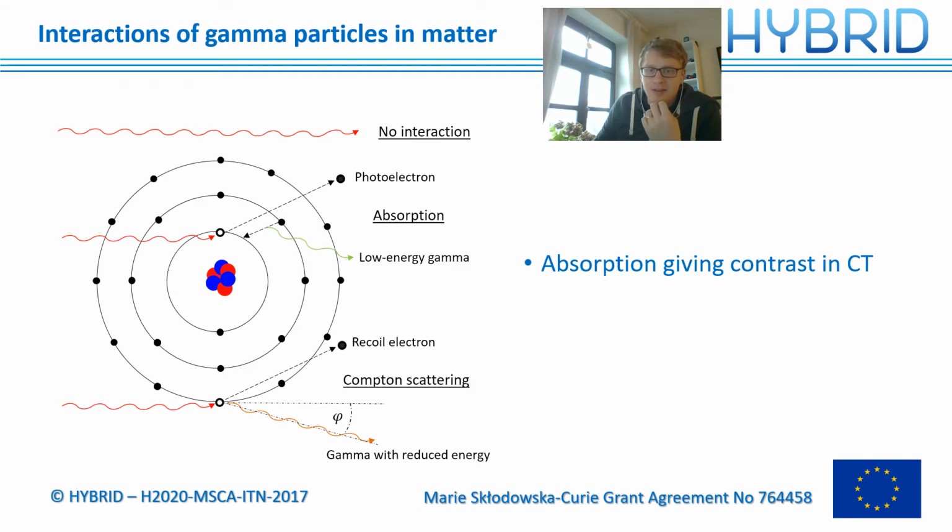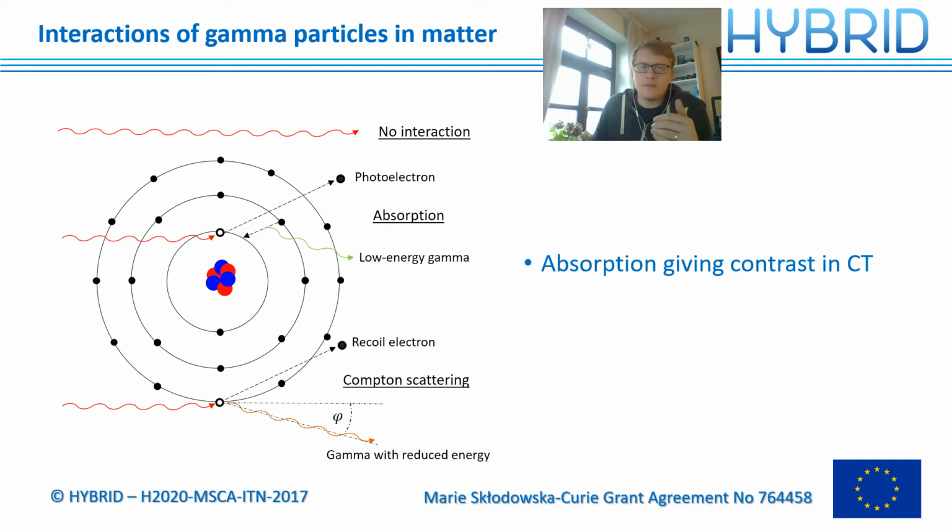Okay, let's talk about the interactions of gamma particles. And as I said, the absorption is giving the contrast in the CT. Let's look at absorption. If a gamma particle is in the region of interacting with an atom, it can happen that it doesn't interact. It just goes through or passes it. But it can also happen that there is absorption. So the gamma particle, here this red line, is coming in, hitting an electron in an inner shell.